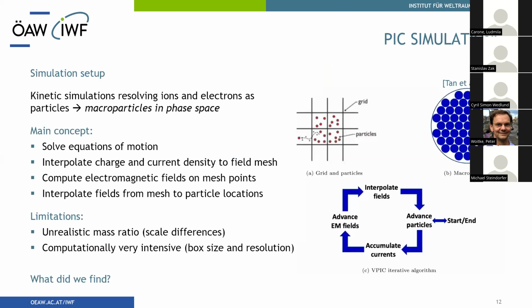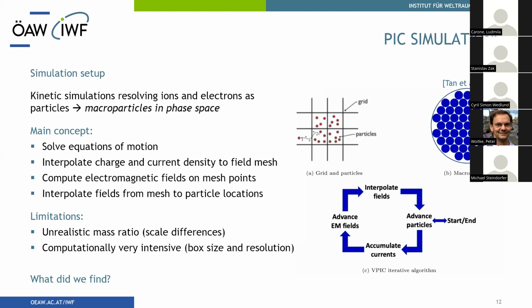Okay, so the PIC simulation setup. The setup for these simulations is basically very easy, although they are very tough to do in reality. So what you do is you make this grid here in the simulation box, and you create your particles. If this is a kinetic simulation, you treat electrons and ions as particles.